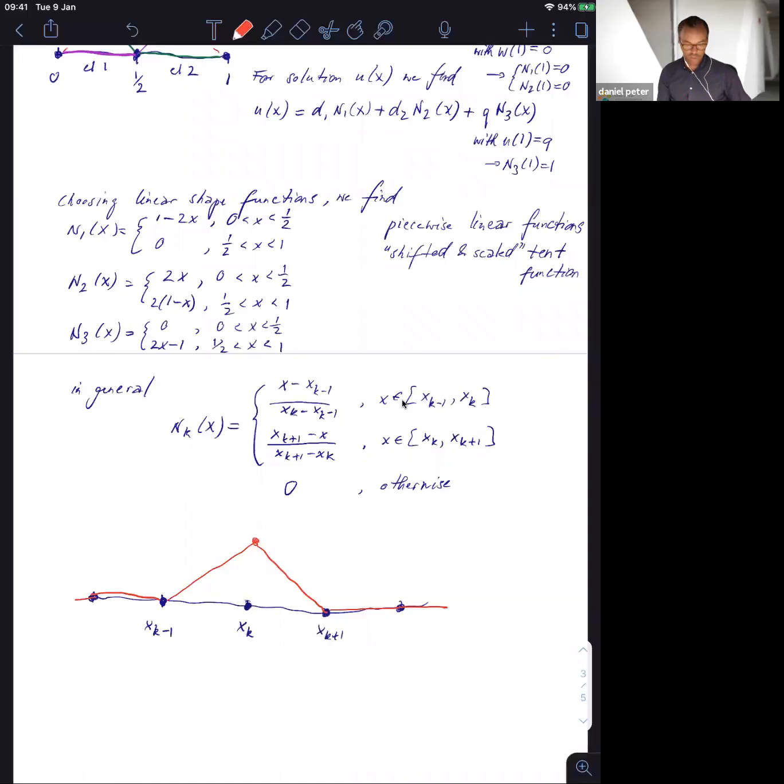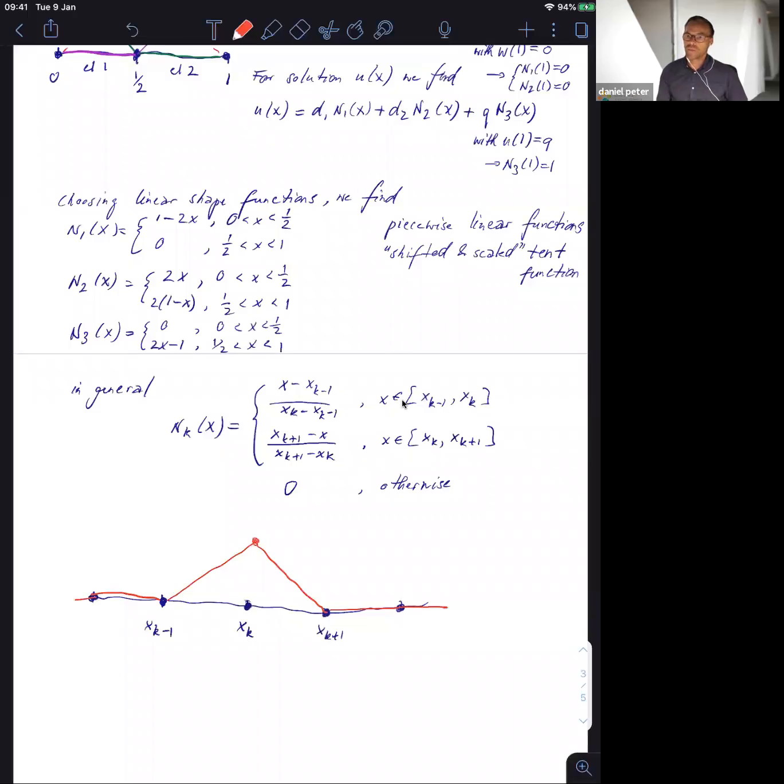You can check with the 3 functions we have above that n1 and n3 just happen to be at the boundary, so there is no other leg. The only real tent function is n2. So for xk, you can use 1/2.